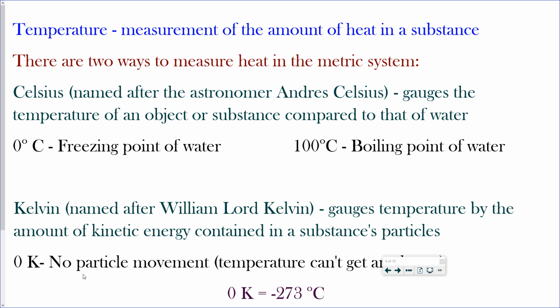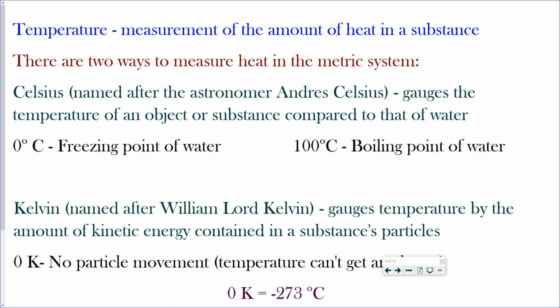So water freezes at 0 degrees Celsius and boils at 100 degrees Celsius. That's the temperature range for the Celsius scale. It makes a lot more sense than the Fahrenheit, which is based upon the boiling and freezing point of mercury. Well, we have a lot more mercury than we have water, so we like the freezing point of water better.